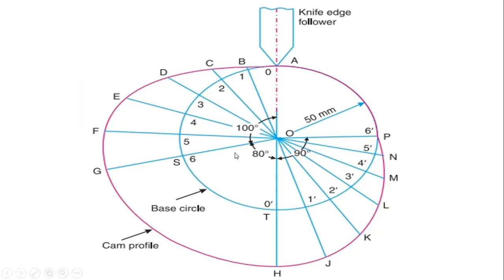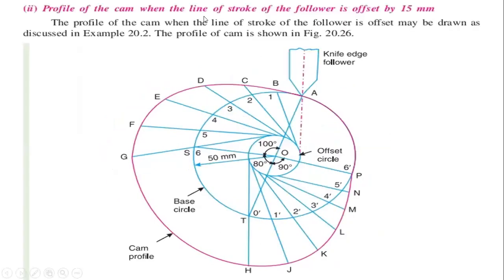Next, you have to draw the offset follower. So the profile of the cam is drawn using an offset of 15 mm. The profile of the cam and the line of stroke of the follower is offset, and may be drawn as we discussed before. You have to draw the cam profile with a radius of 50 mm. So draw a circle of 50 mm radius.